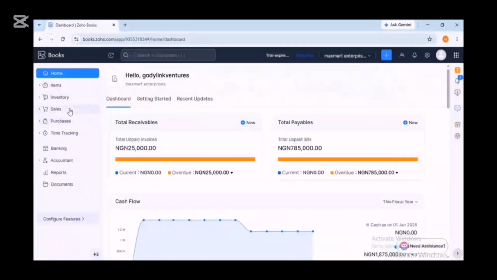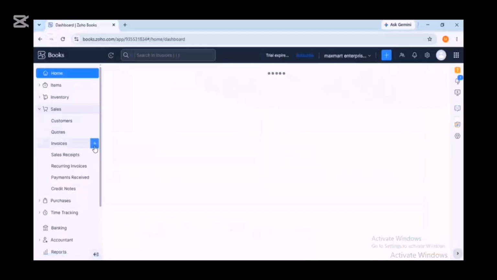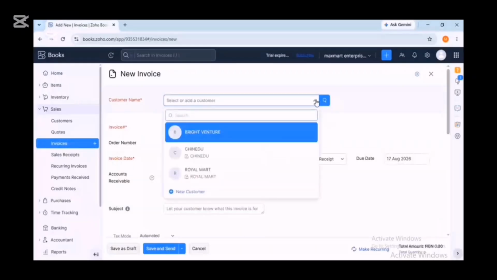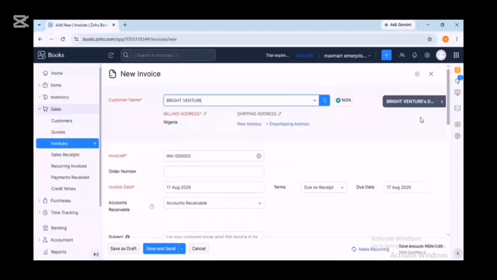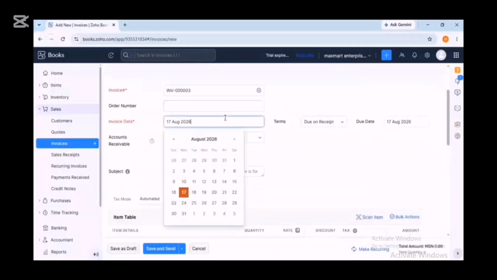So let's save. That's that. So invoice. Let's add an invoice. Let's select Bright Venture. So let's input the items he bought.